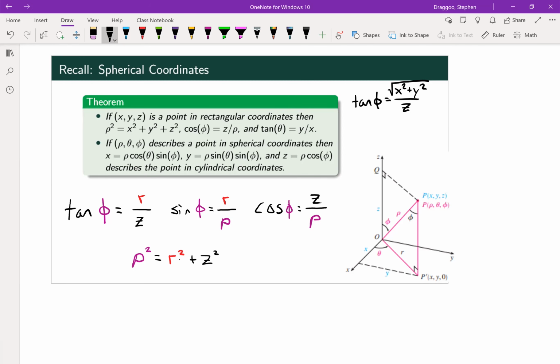Right, so the other equations that I've written below that box are all equations that can let us change from cylindrical to spherical, which can sometimes be a bit more advantageous because the notation cleans up a little bit. So now we can write that the tangent of phi is equal to r over z. We don't have to worry about as many square roots.